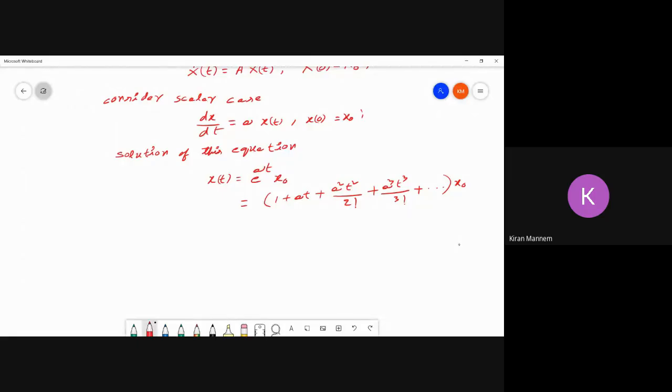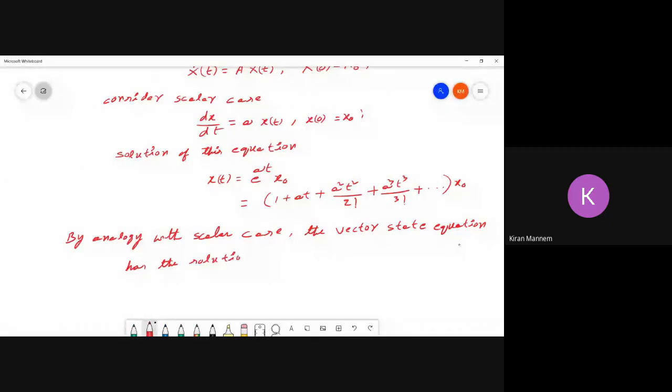So I can write it as, by analogy with scalar case, the vector state equation has the solution x of t.